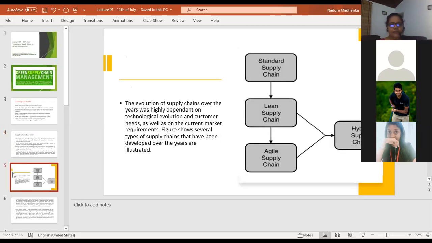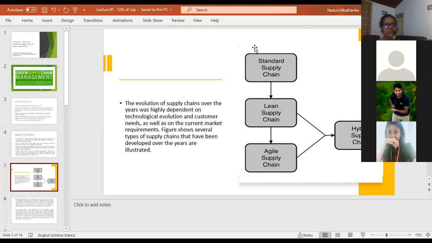When we look at the evolution of supply chain over the years, it was highly dependent on the technological evolution and customer needs, as well as on the current market requirements. The figure shows several types of supply chains developed over the years: standard supply chain, lean supply chain, agile supply chain, and hybrid supply chain.